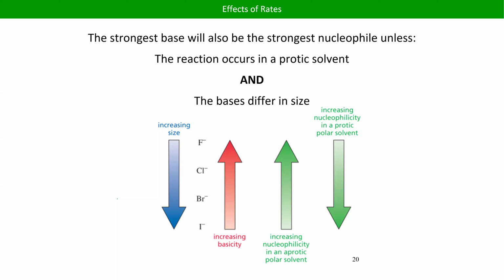The bigger something is, the less the protic solvent matters. In general, a stronger base means a stronger nucleophile in an aprotic solvent. Basically, all the things we were just talking about only apply if we're comparing bases that are different in size and we're in a polar protic solvent.